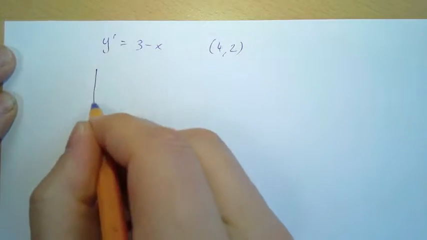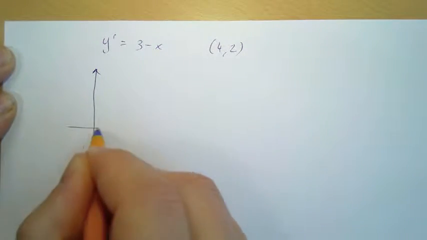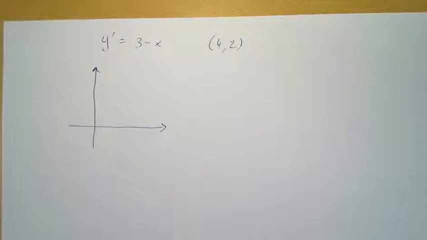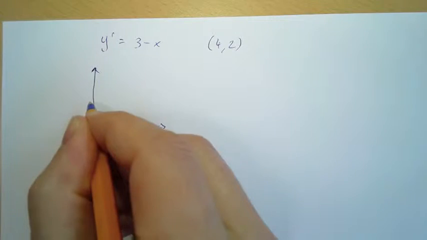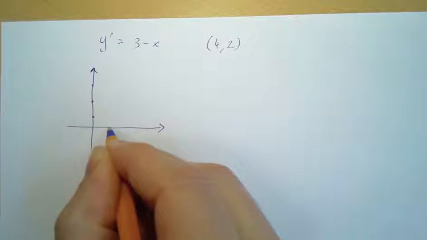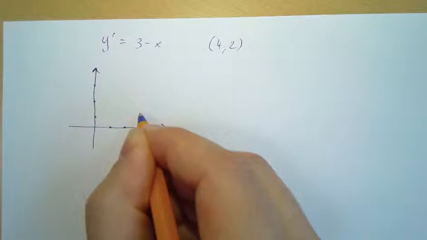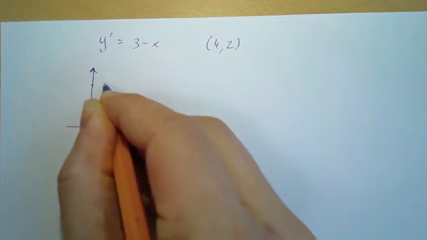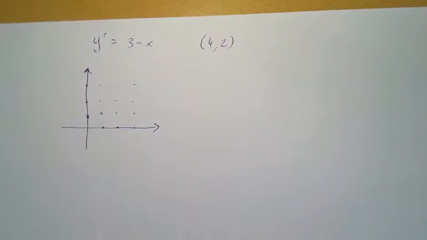So if we want to sketch the slope field, the slope field is a series of ticks that we're going to draw for every unit. So we're going to draw them at all of these points first to see what happens.